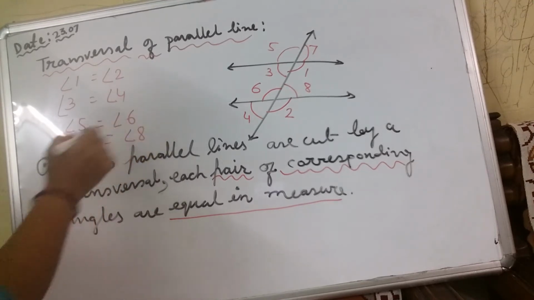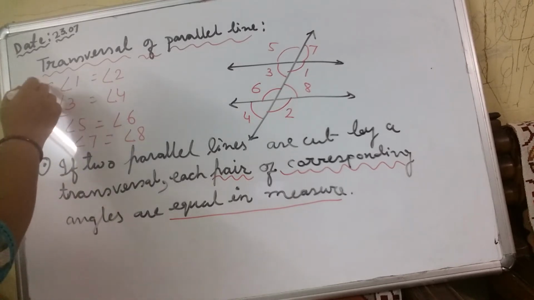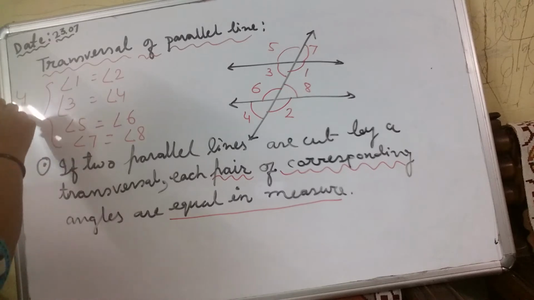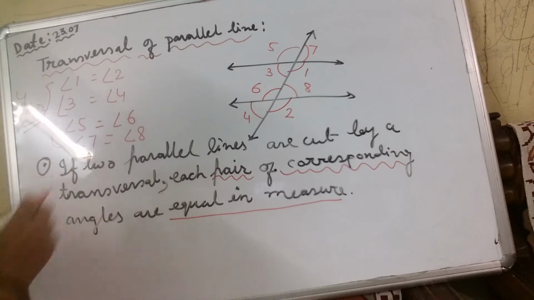So when a transversal cuts two parallel lines, we get 4 pairs of corresponding angles, and according to this relationship they are equal in measure.